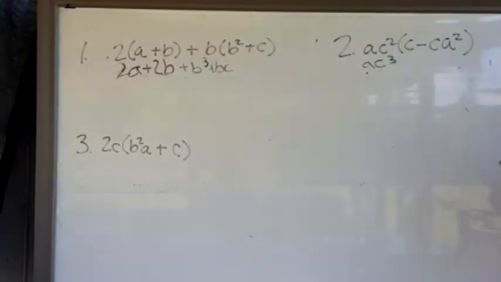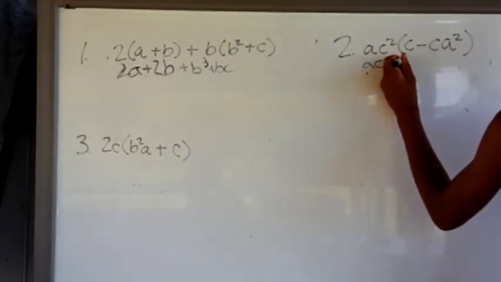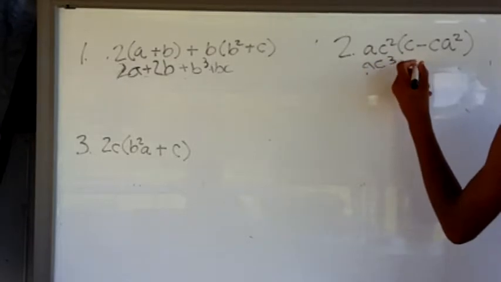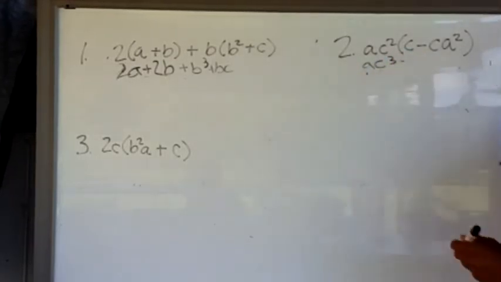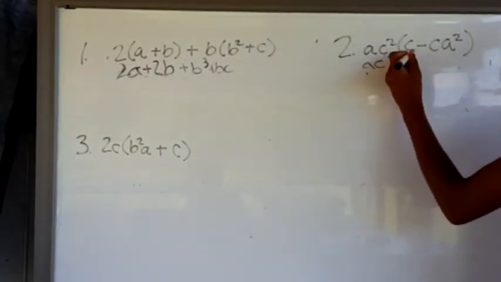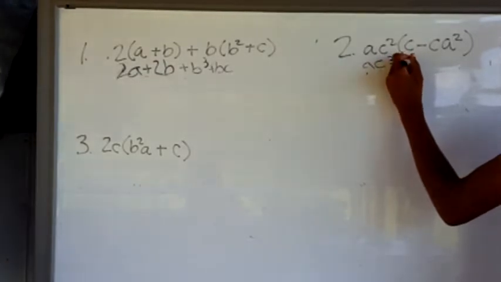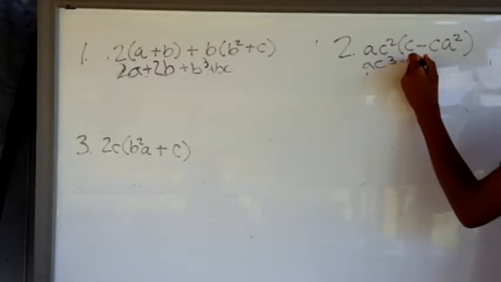And now you do AC squared times negative CA squared, which will equal negative A squared C squared.